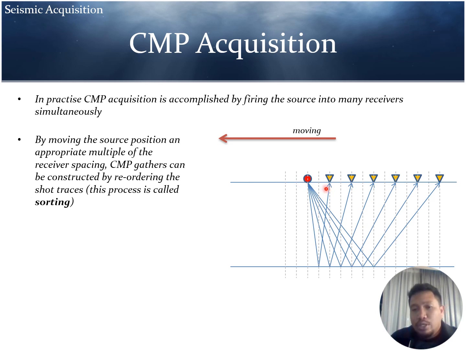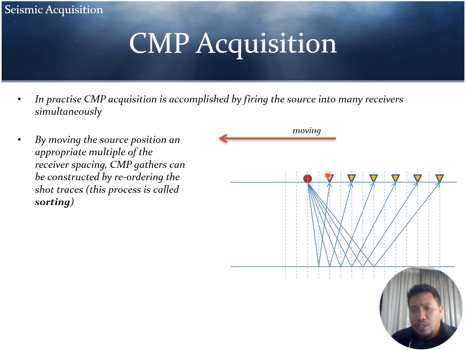So again, we're going to have this kind of technique. We call it end shot acquisition, where the position of the offset or shot is always at the front, meaning that the shot is always before the first geophone. We have shot number one, and geophones number 1, 2, 3, 4, 5, 6 and so on.